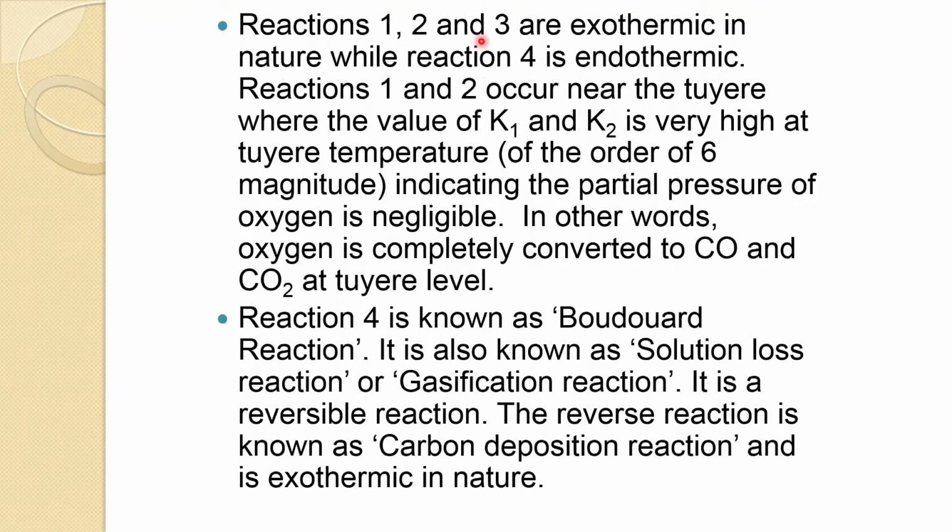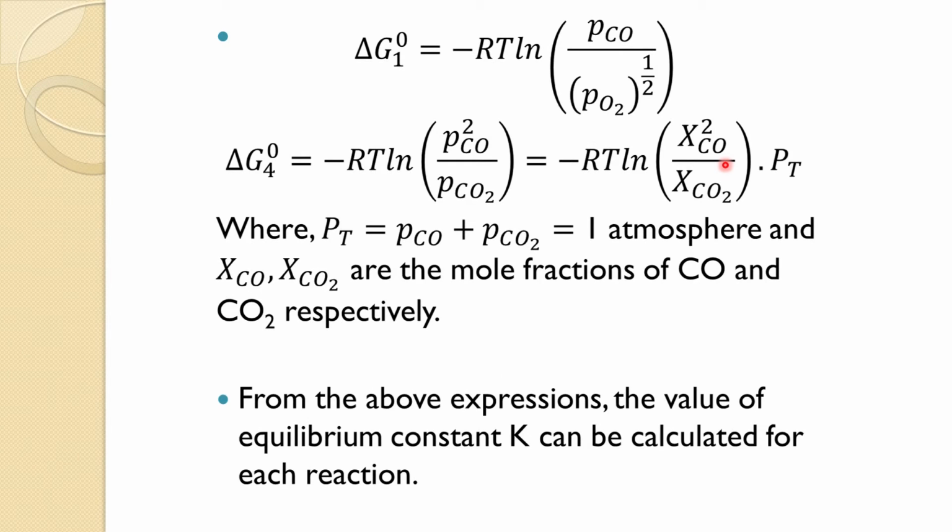So, reactions 1, 2 and 3 are exothermic in nature, as we said before, because they have a negative free energy, while reaction 4 is an endothermic reaction. Reactions 1 and 2 occur near the tuyere, where the values of K1 and K2 are very high at the tuyere temperature, of the order of 10 to the power 6. So, this value you can calculate at tuyere temperature, taking about 1900 or 2000 degrees Celsius, and free energy you already know.